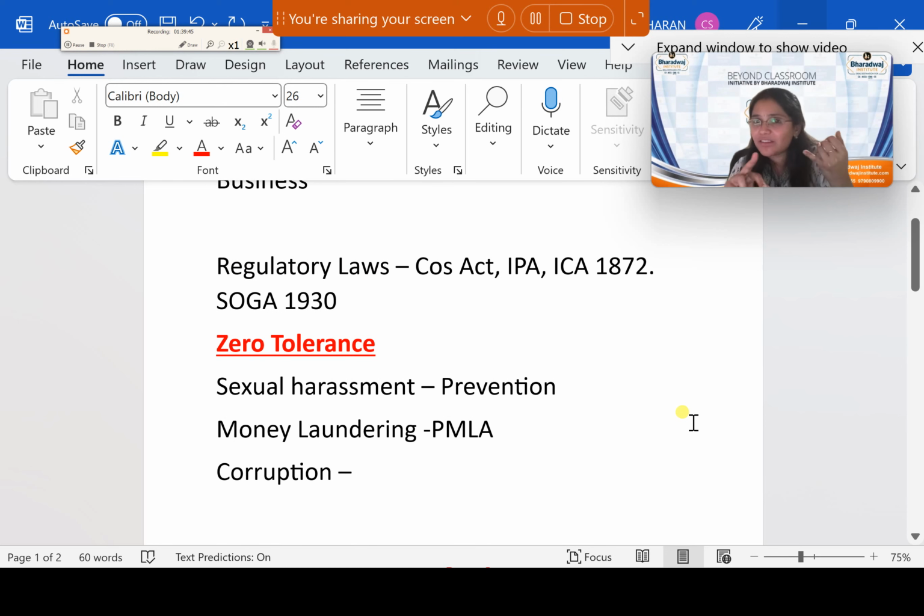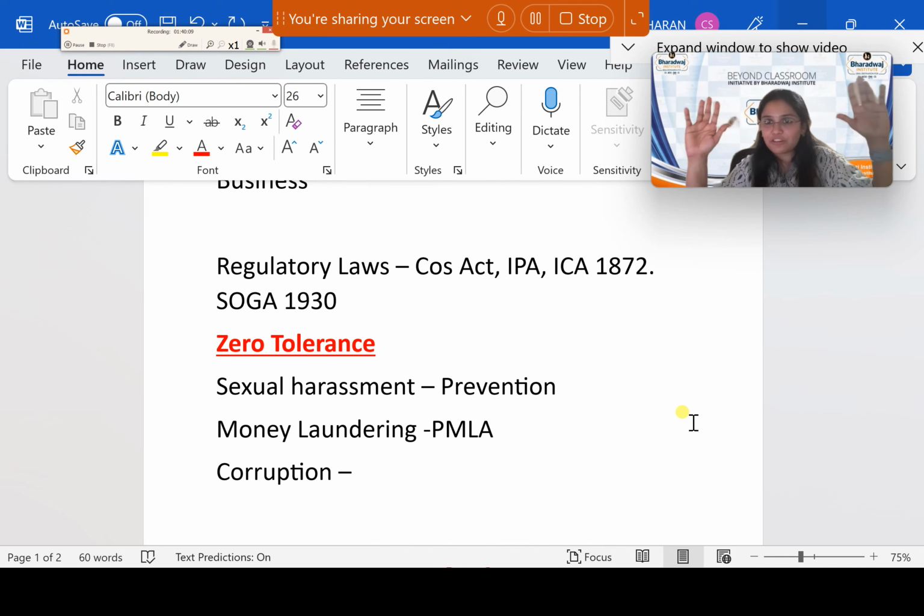The Securities Contracts Regulation Act, the Securities Exchange Board of India Act, the Brokers Act, the Merchant Bankers Act, these are securities laws. Correct? So the Foreign Exchange Management Act, the Prevention of Money Laundering Act, these are economic laws. Clear? The Income Tax Act, GST, tax-related laws are all fiscal laws.